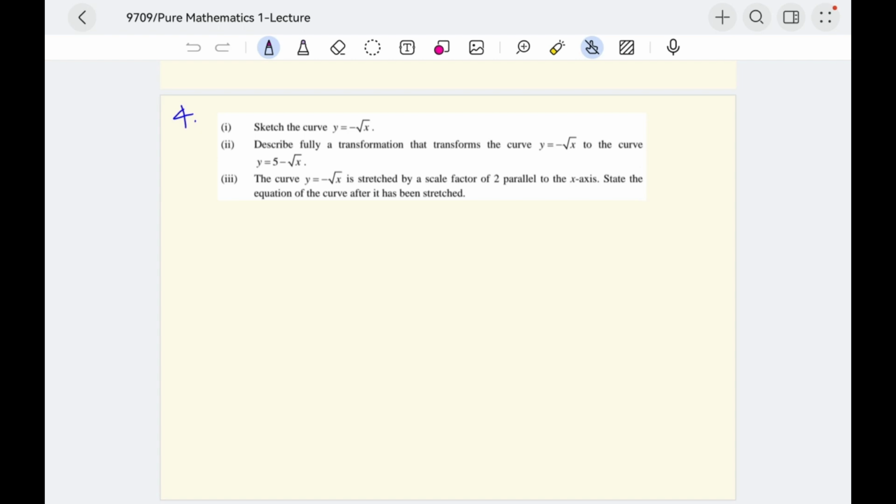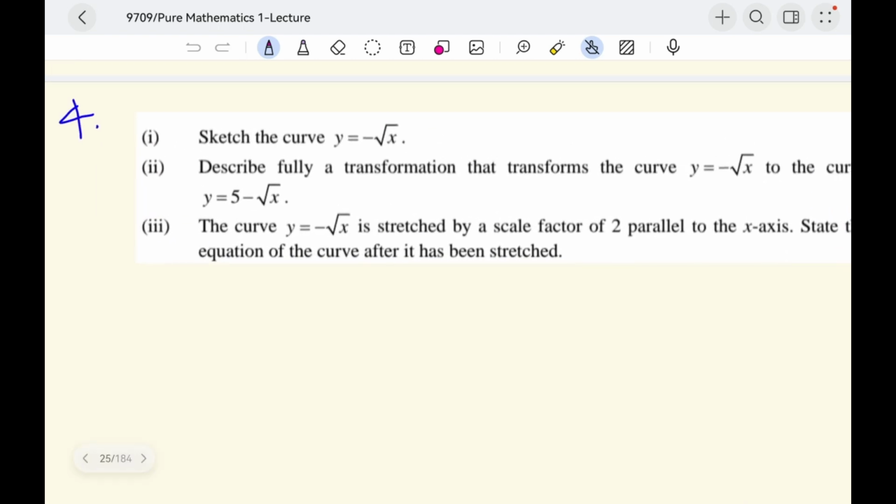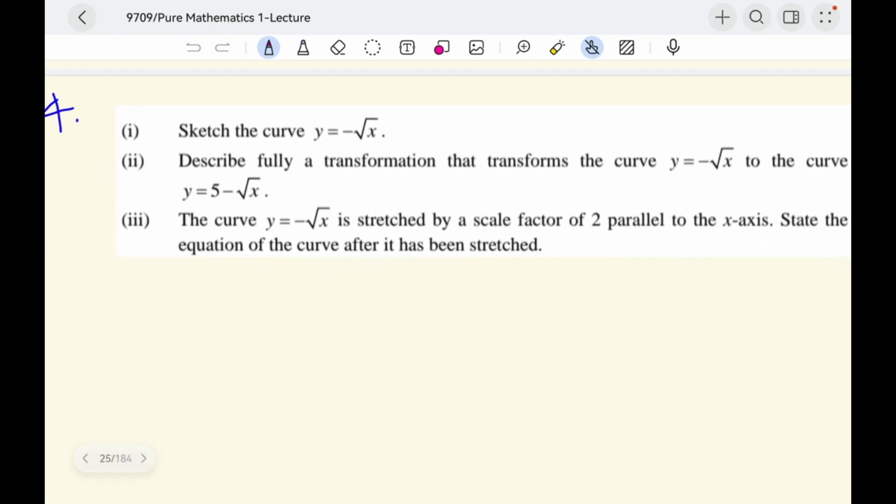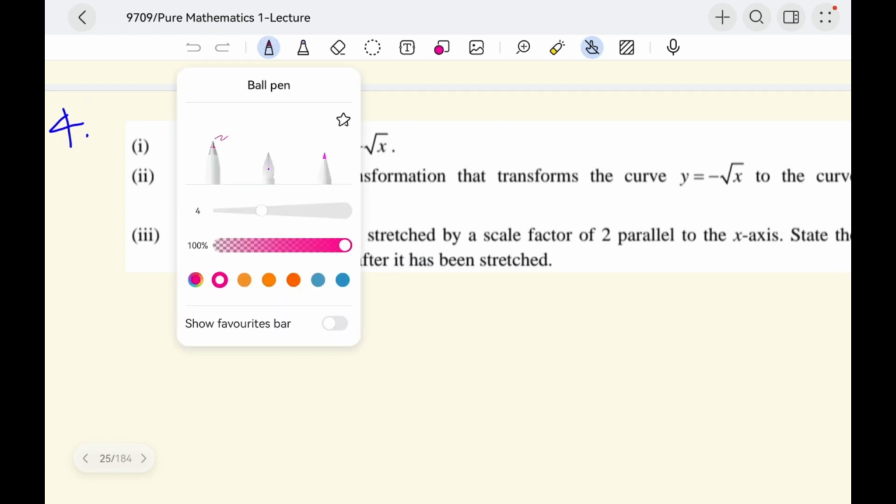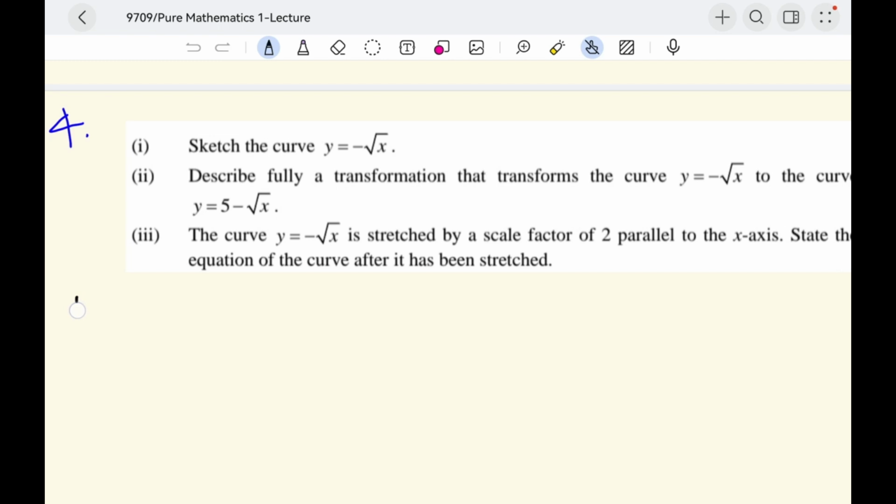Okay, let's move on to question 4. Sketch the curve of y equals negative square root of x. Okay, so what are you going to do for this question? To sketch a square root function graph, what you can observe is that there is a negative sign.